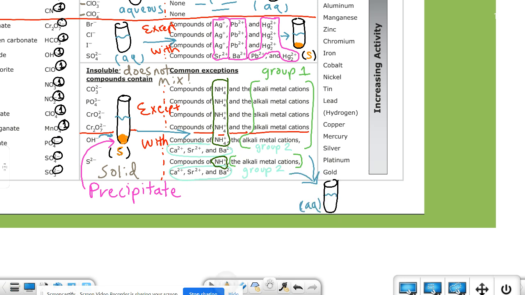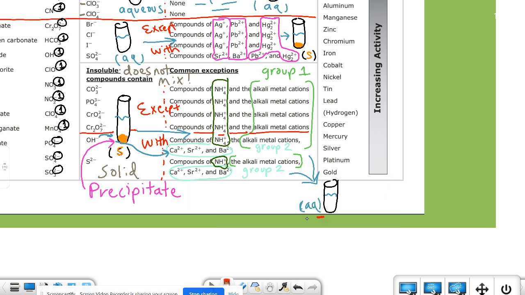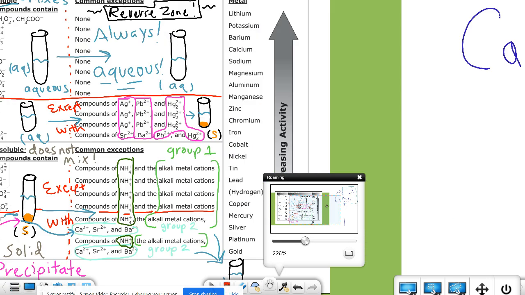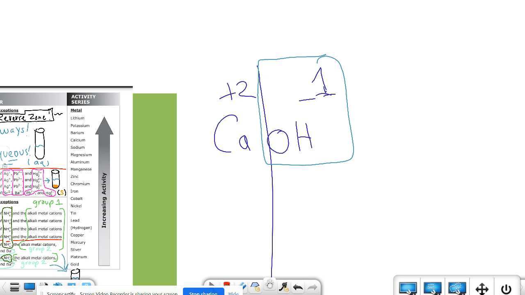One of the common exceptions is if hydroxide gets with calcium, it switches it and makes it become aqueous. So hydroxide, because it's connected with calcium, is going to flip. It wants to be a solid, but because it's connected with calcium, it's going to be AQ.